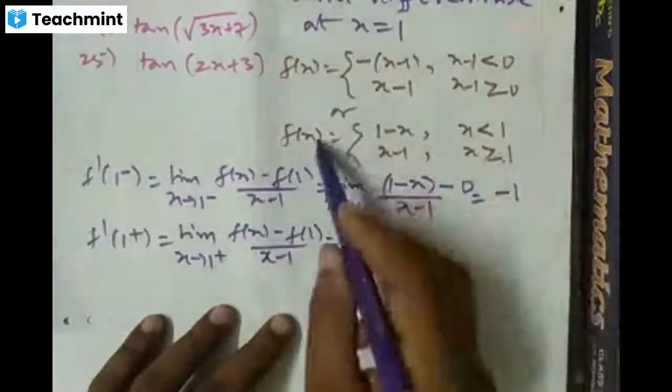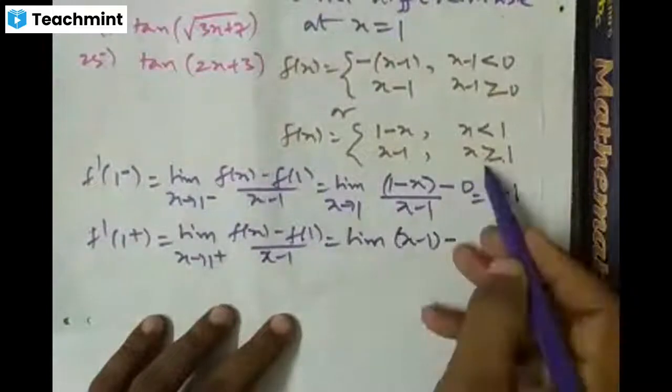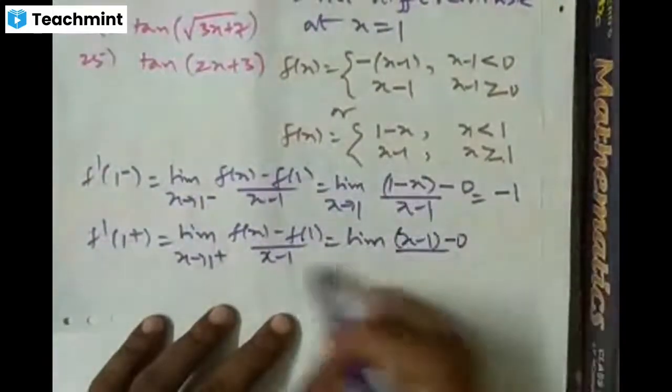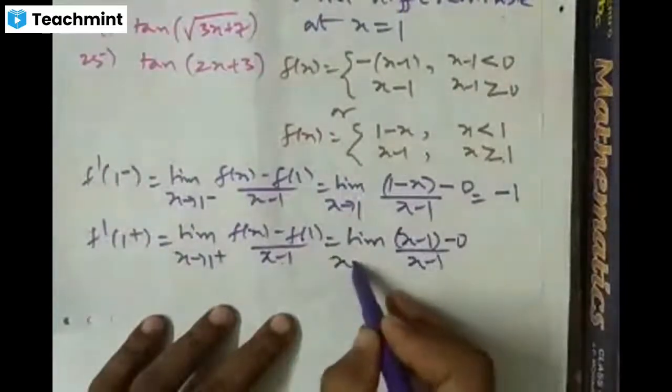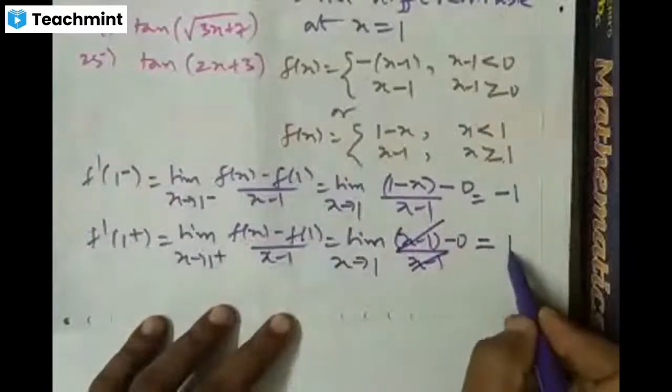Whenever x is more than 1, what is f of x? x minus 1, correct? Minus f of 1. We know that the value of f of 1 is 0, divided by x minus 1. So we can cancel out x minus 1, limit of 1 as x tends to 1 is 1.